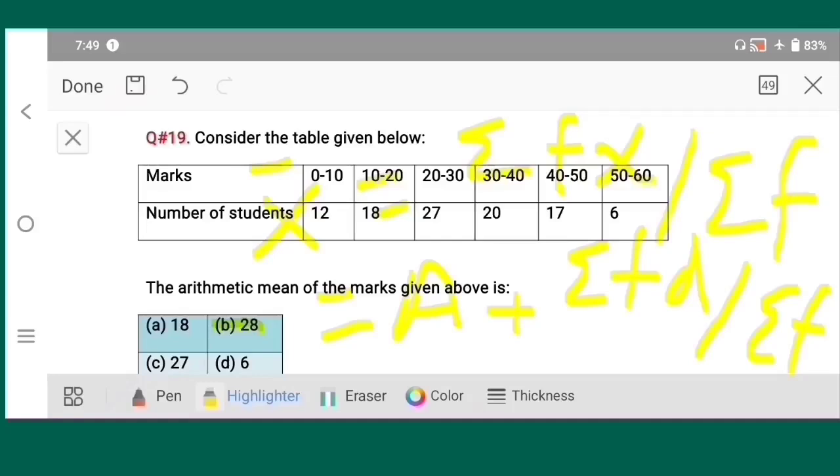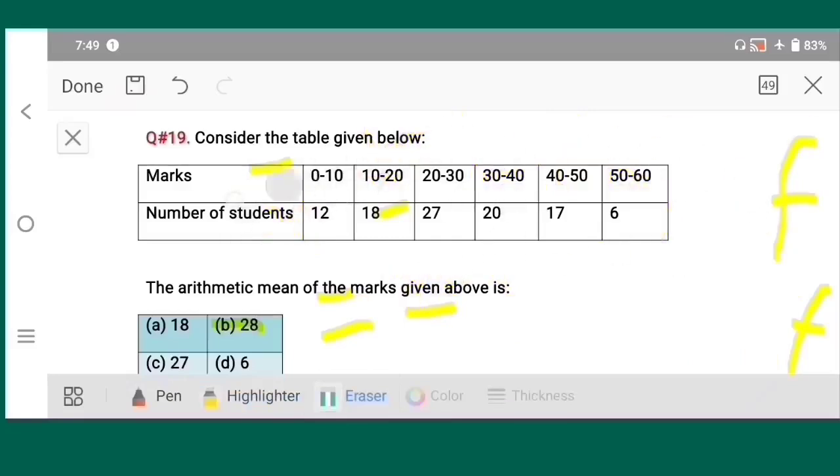And when you use the first formula, you will find x for it. How will you find x?